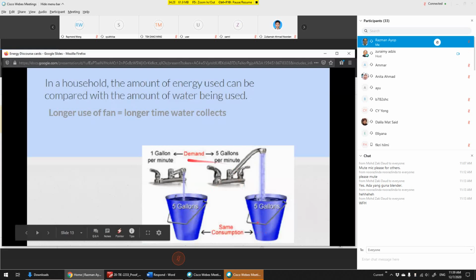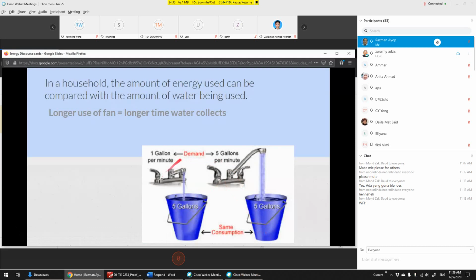So between these two taps, it is comparable to, let's say, this is a 200 watt iron, very small iron, 200 watt. Yang ini iron streka yang 1 kilowatt. Alright, so you use this 200 watt for 5 minutes, sama macam awak guna streka yang 1000 watts hanya untuk 1 minit.